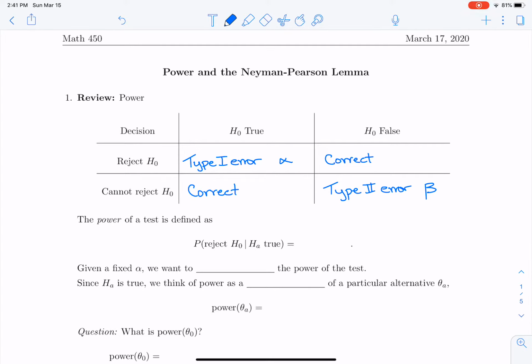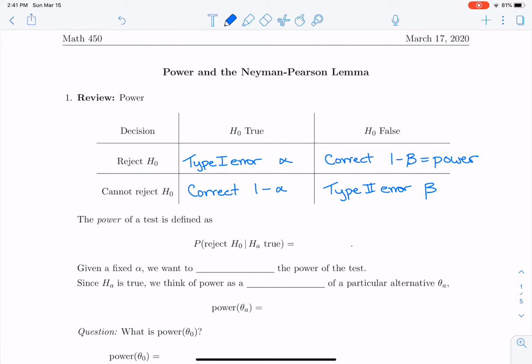If we cannot reject the null hypothesis and it's true, that happens with probability 1 minus alpha. And if we can reject the null hypothesis when it's false, that happens with probability 1 minus beta. And that is what we defined to be the power of the test.